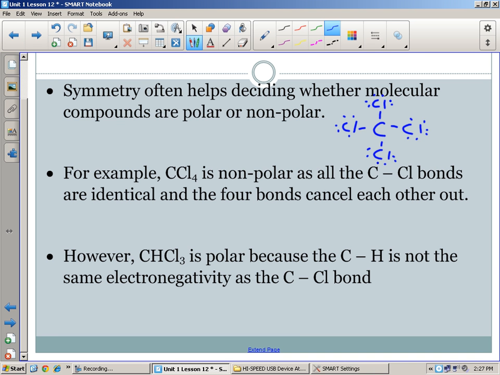Cl is what? 2 or 4? Somebody look it up for me, please. Periodic table. Electronegativity. Quickly. 3.2 and this is 2.6. So do you agree there's a difference? So this is a polar bond. That's a polar bond. That's a polar bond there.